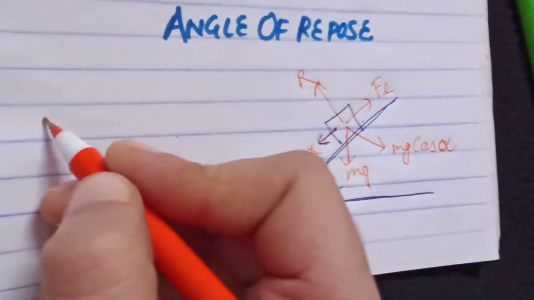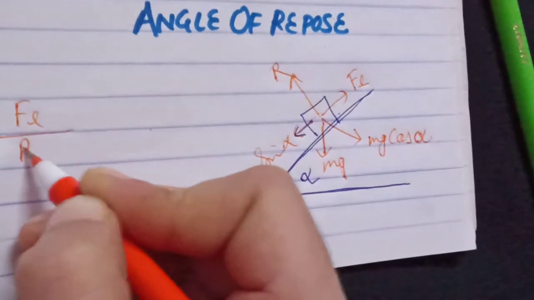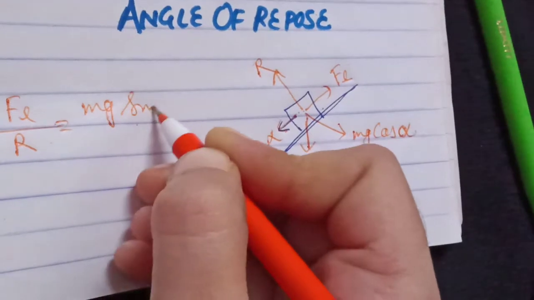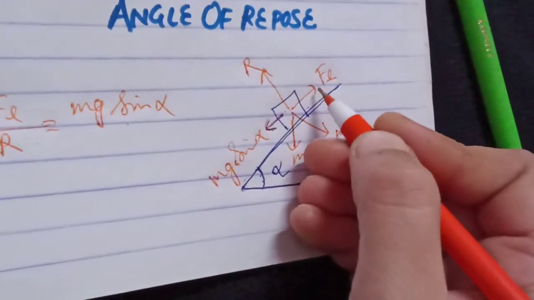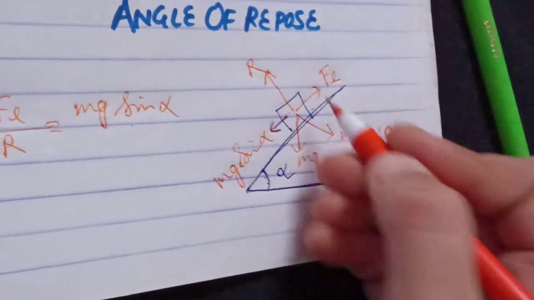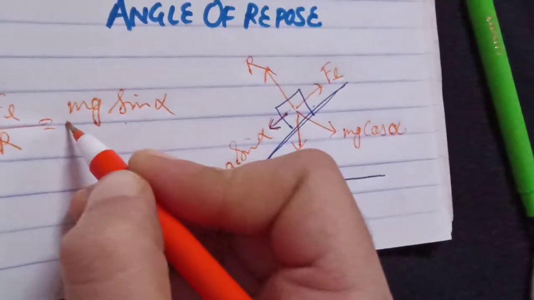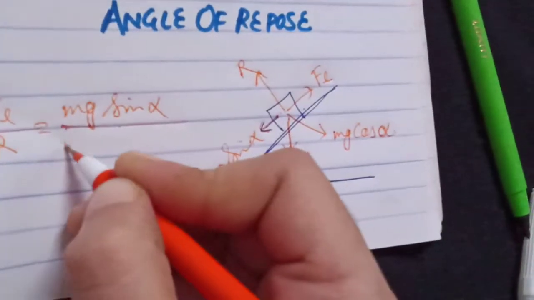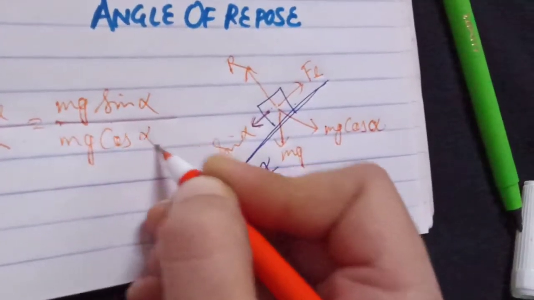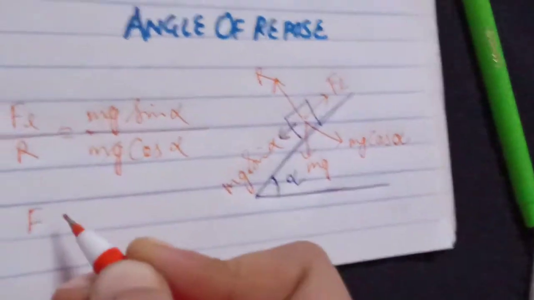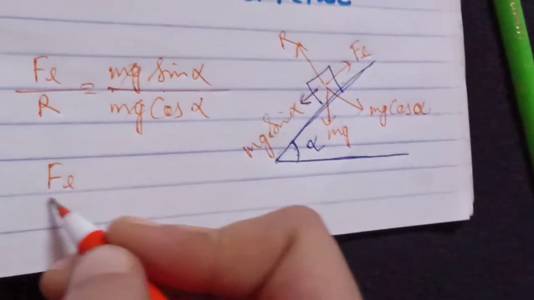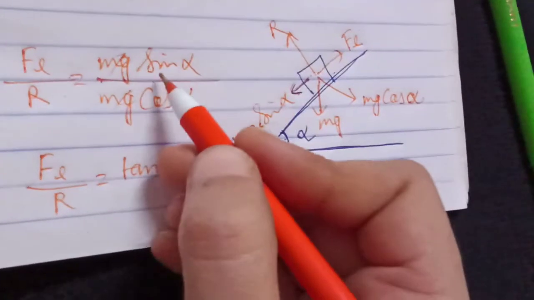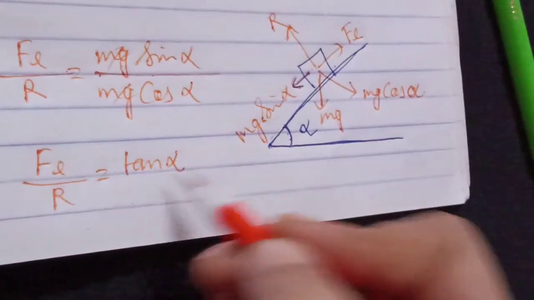So Fl upon R is equal to mg sin alpha upon mg cos alpha, because in opposition to the limiting friction mg sin alpha acts, and R is mg cos alpha. Fl upon R is equal to tan alpha. Sin alpha upon cos alpha is equal to tan alpha.